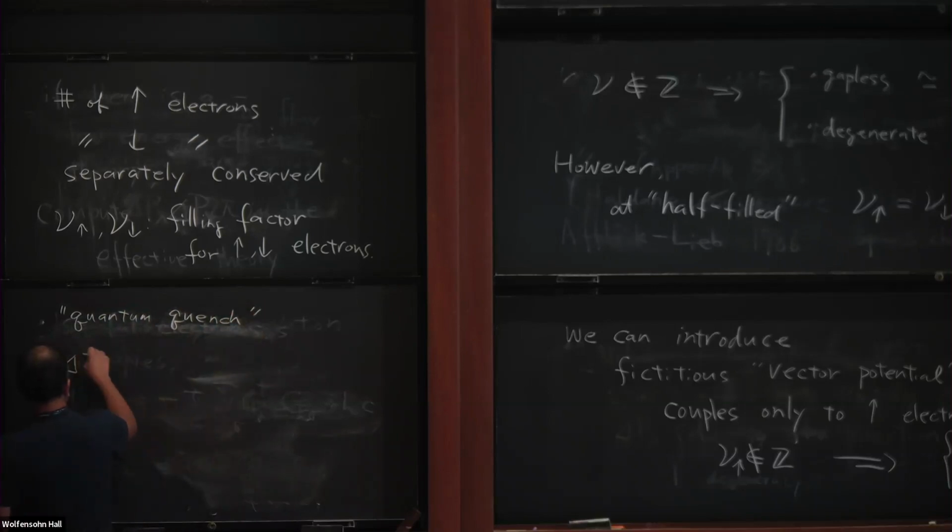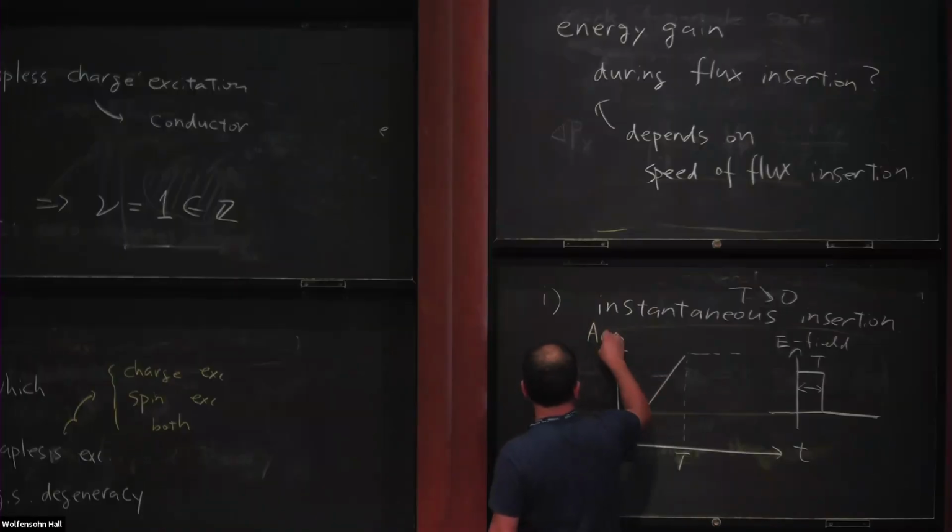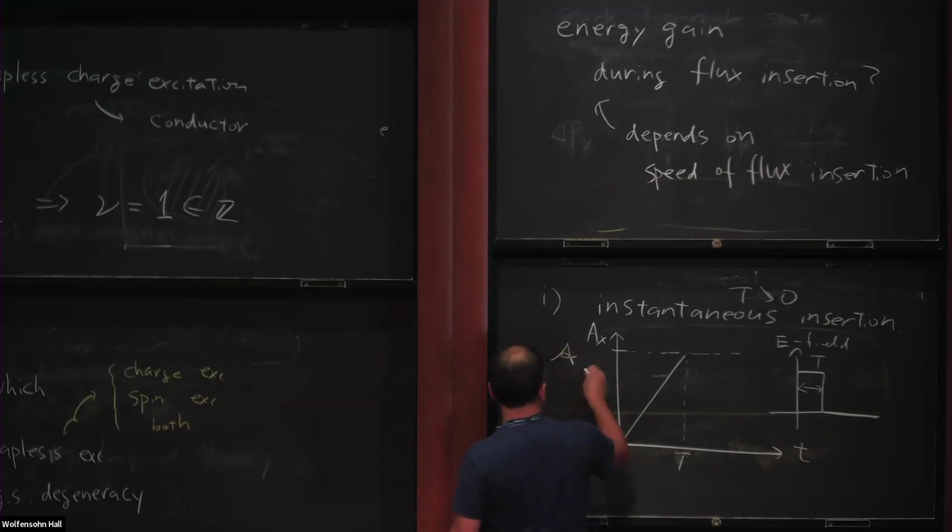So the energy gain of the system is given by the expectation value of the Hamiltonian with some vector potential. Let's say this is vector potential in x direction, and let's denote this final value of vector potential as calligraphic A.